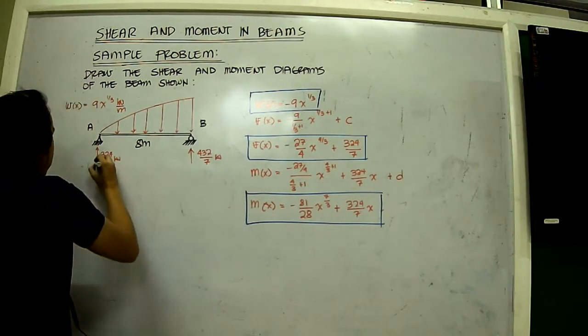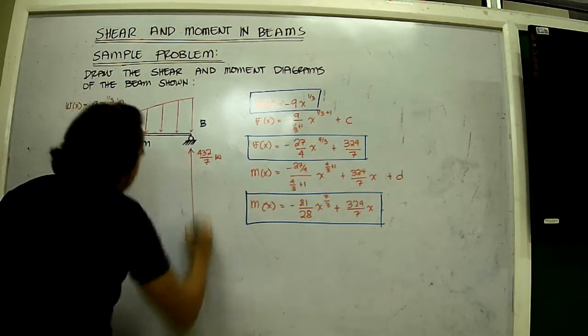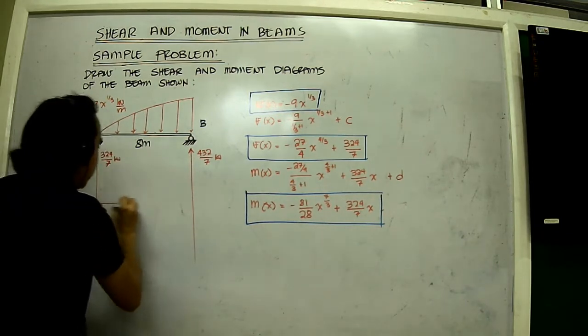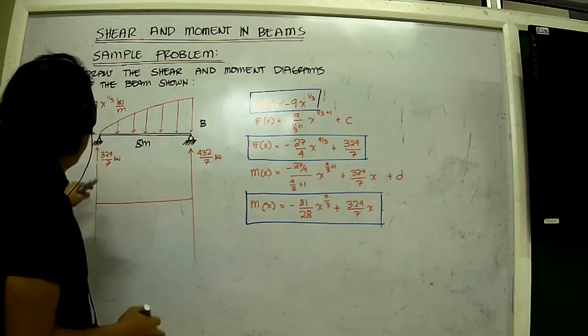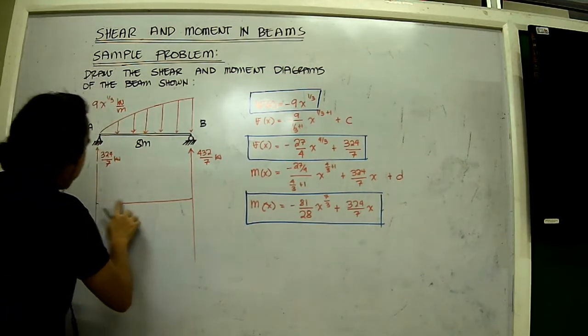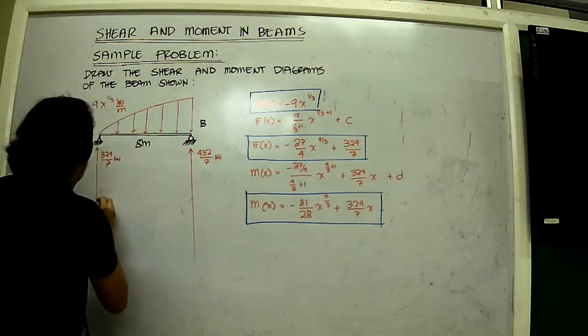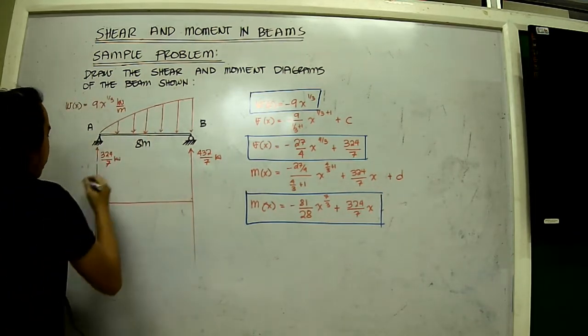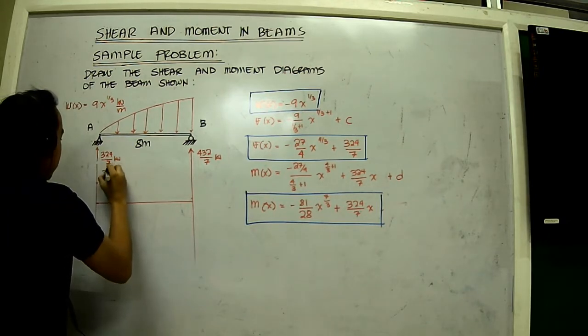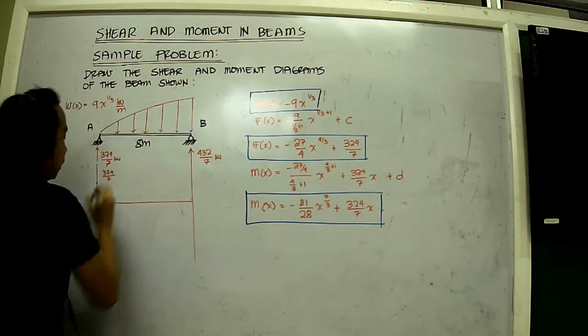Now, next up, I will just plot the diagrams here, and I will be finished. Okay? So when X is equal to 0, how much is shear? 324 over 7.